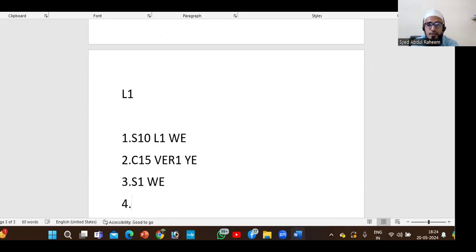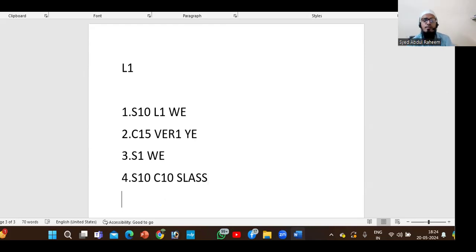And the fourth one is S10, C10, S loss. According to the condition, you can give in D4 if chronic, or D5 if acute, D6. This is the initial basic prescription for dyspepsia.